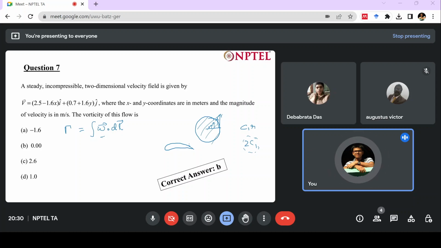If I define a contour around this and I find that the circulation value is non-zero, then I can say that due to the flow around this airfoil, a lift is being generated. There is a certain amount of force acting on it because of the flow pattern, because of the vorticity around it.